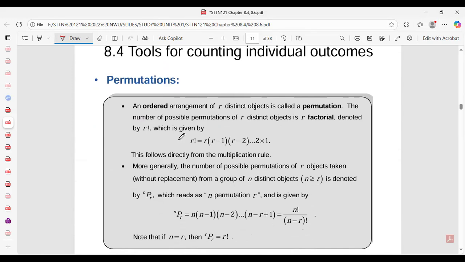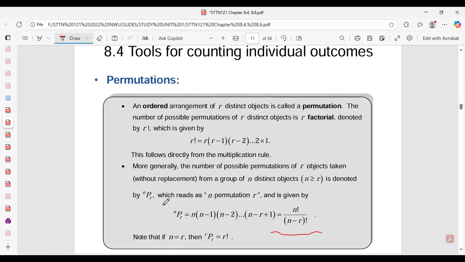The number of permutations of r distinct objects goes with the factorial. This is the formula that we're going to use: the permutation is n factorial divided by (n minus r) factorial. Remember, we are talking about distinct objects.